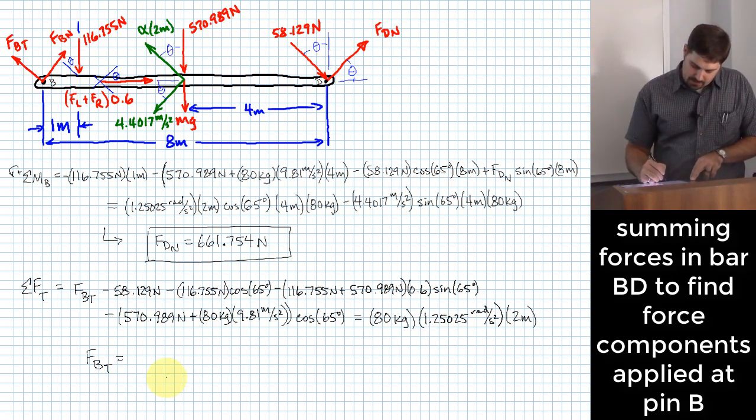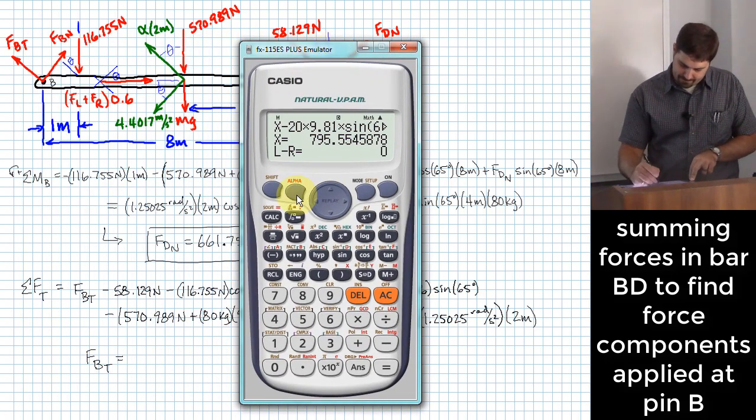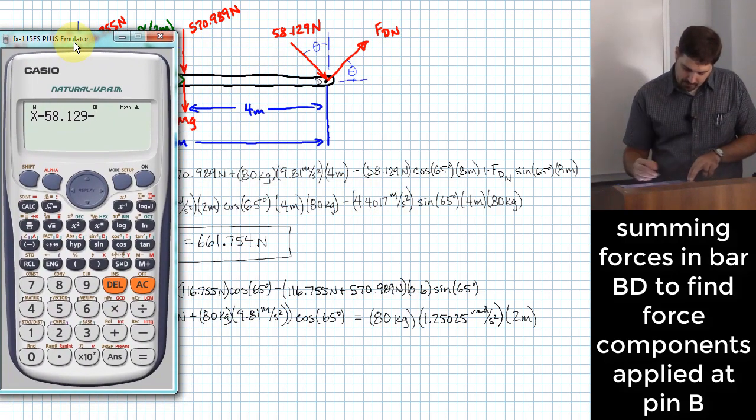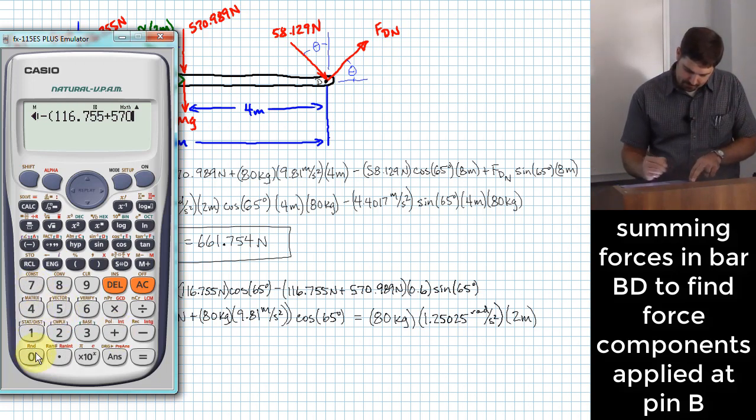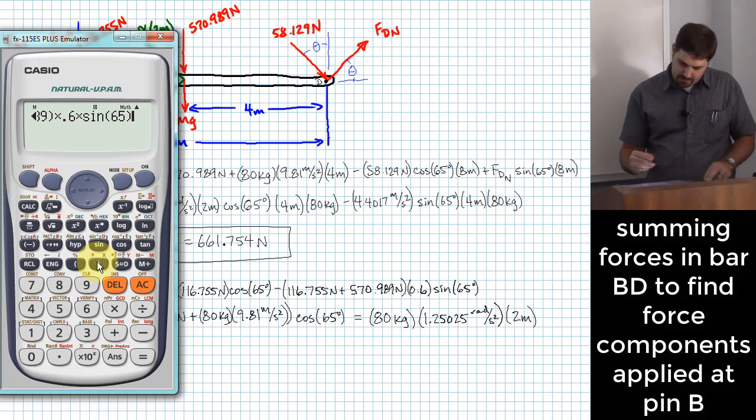Okay. So, let me punch all that in. X minus 58.129 minus 116.755 times the cosine of 65 degrees minus the sum of those two forces times 0.6 times the sine 65. Okay.